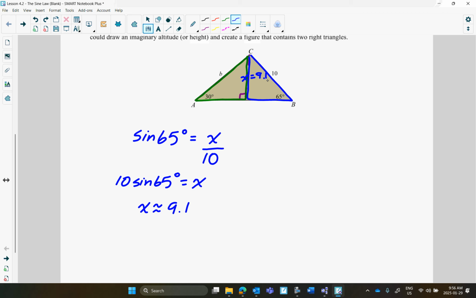which is also the vertical side in the green right triangle, which means now I have enough information to find B. What would the trig equation look like to find B?